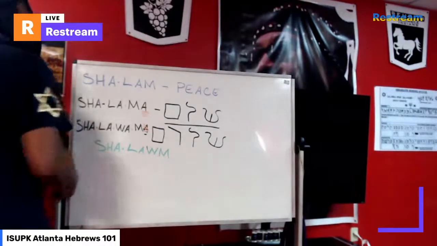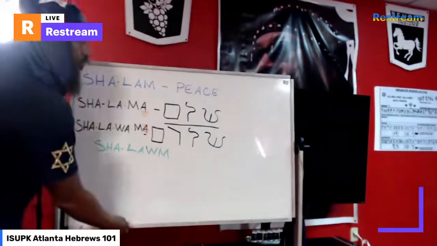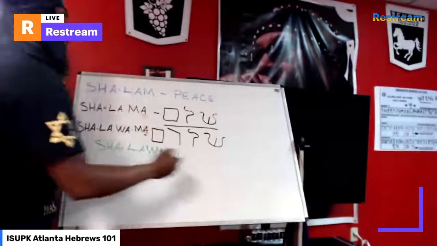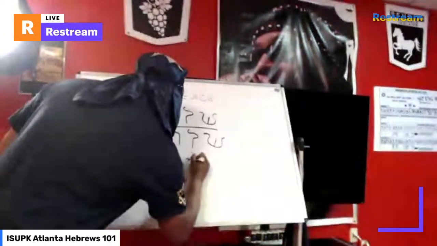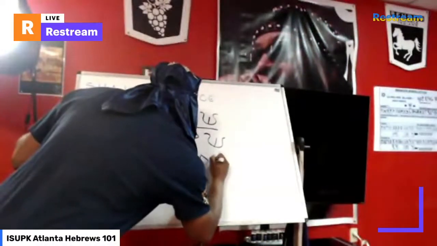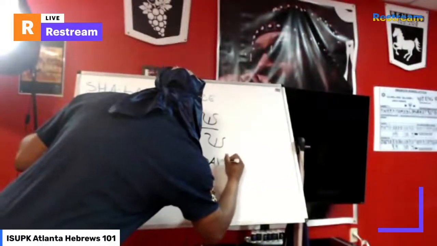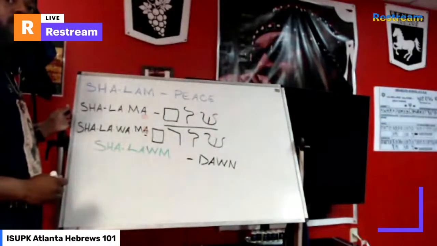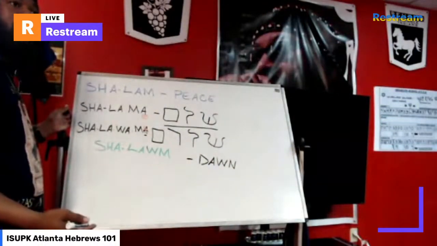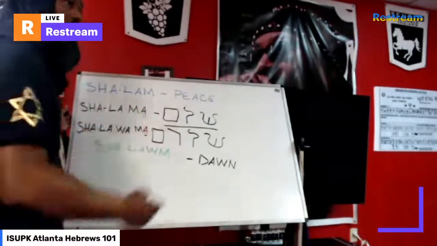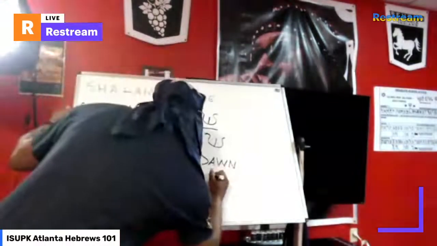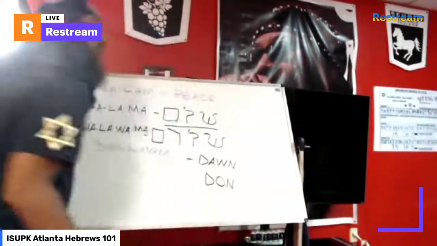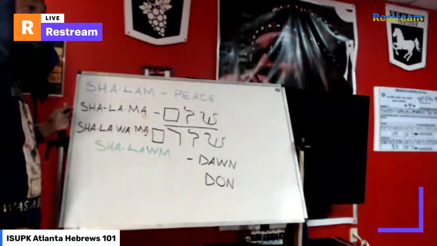Think of it like, let's go to English. So now, what if we have this word here? What did we write out? Dawn, right? Dawn.